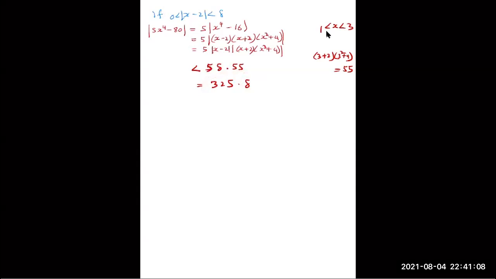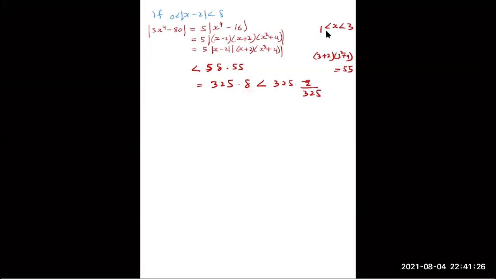I get a bigger quantity when I replace this by epsilon over 325, and I get epsilon. So this is less than 325 times epsilon over 325, because my epsilon over 325 is bigger than delta.